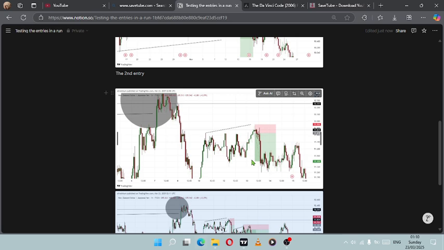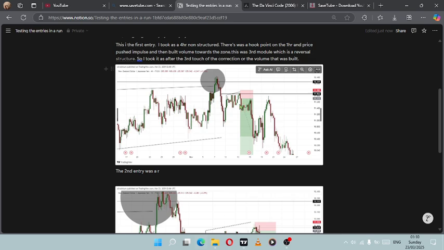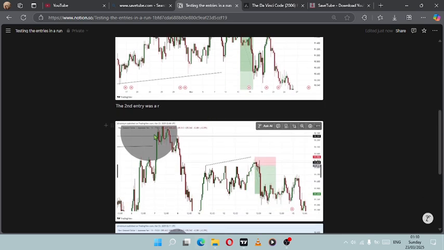So the second entry was a reduced risk on the 4 hour. But this second entry was a reduced.